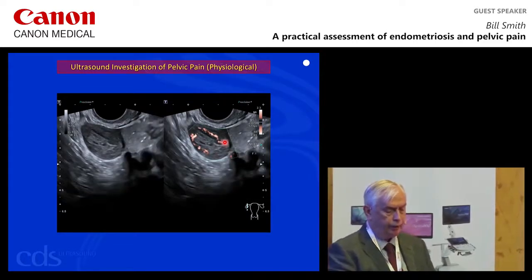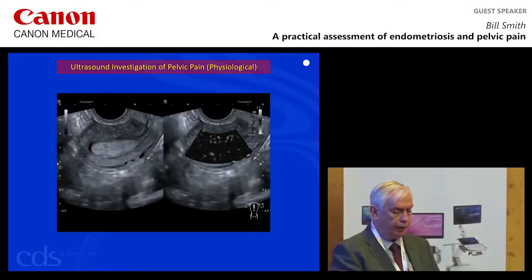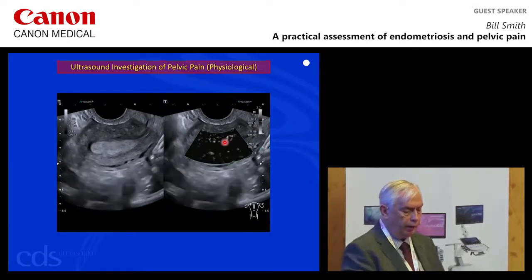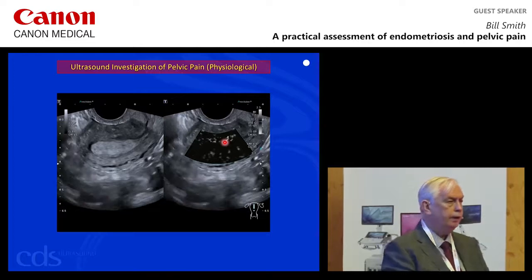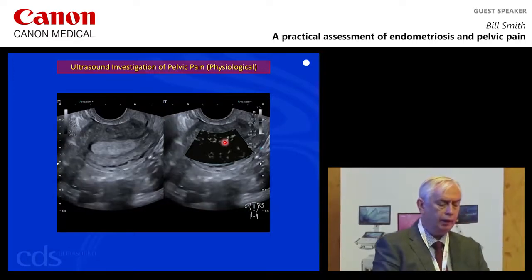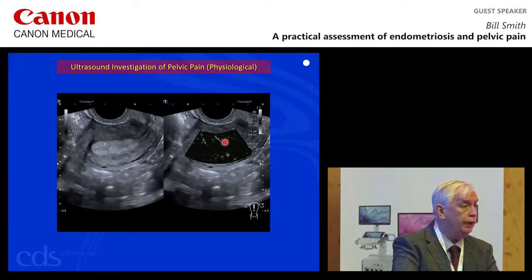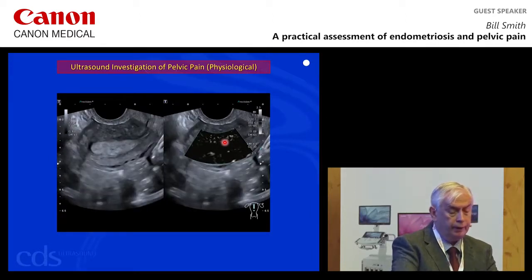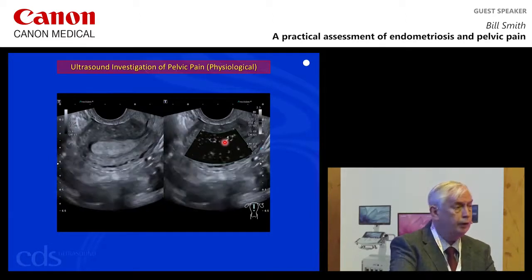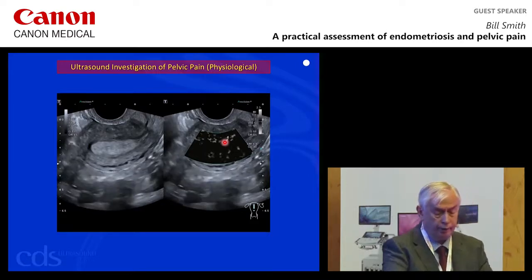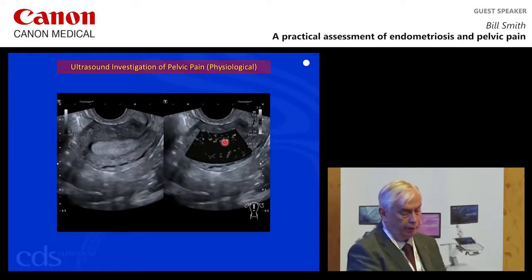And again, if we're looking at estrogen dominance, then we get significant symptoms, features within the uterus. We can see a very thickened lining there. We can see the myometrial vascularity.